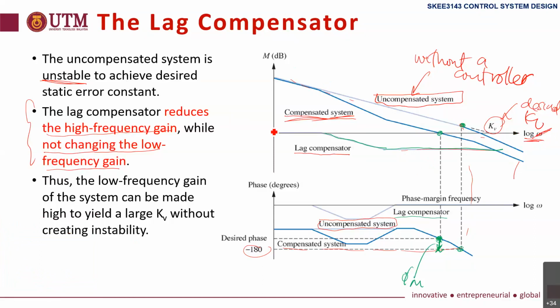You can see here the lag compensator has 0 dB. 0 dB plus the original one means we can maintain the compensated system the same as this. Then we can get the Kv that we want, but we can make the system stable and also achieve the desired phase margin.